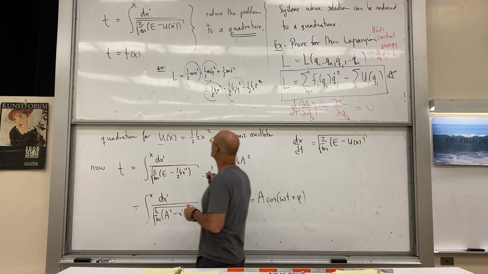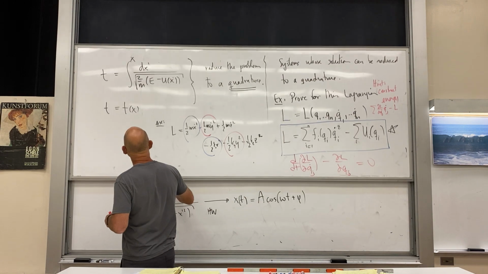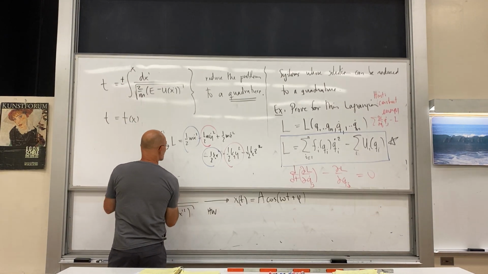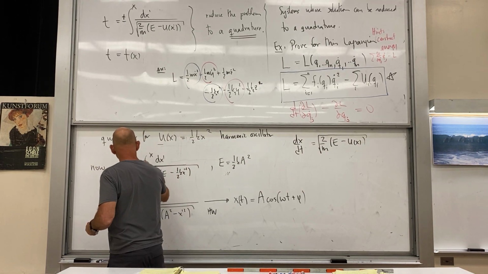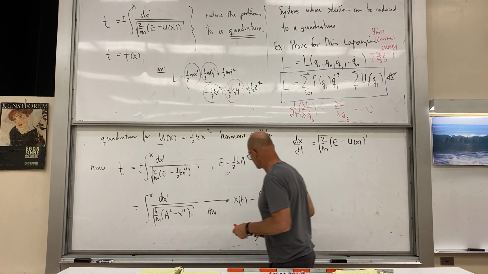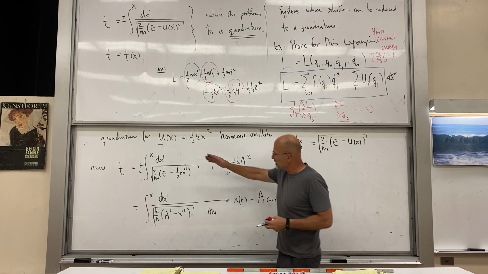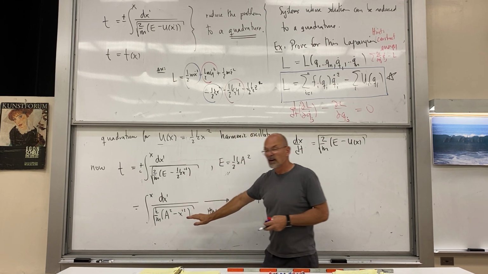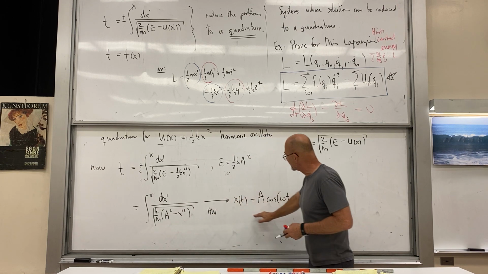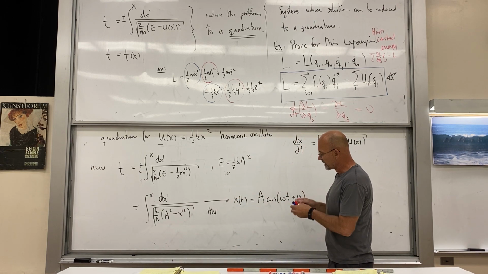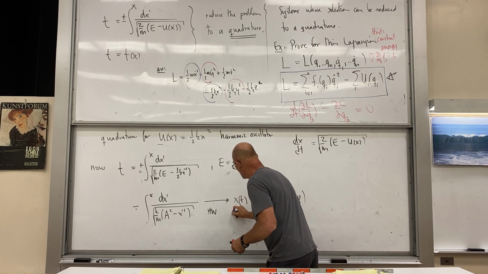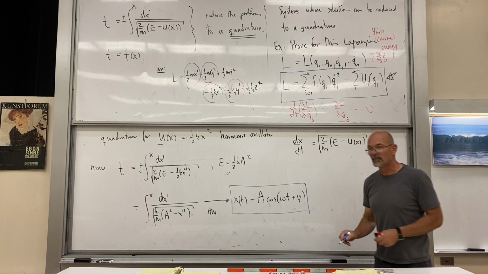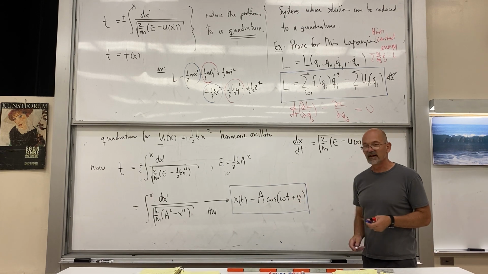By the way, there's a correction needed here. This was a plus minus, right? So we have plus minus here as well. And so yeah, the quadrature here with an integral that you can actually do, you get your inverse cosine, you invert that, and then you actually end up with the complete solution of the mechanical problem. Right? A cosine omega t plus b.